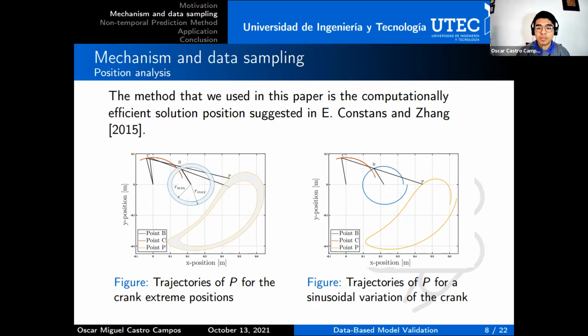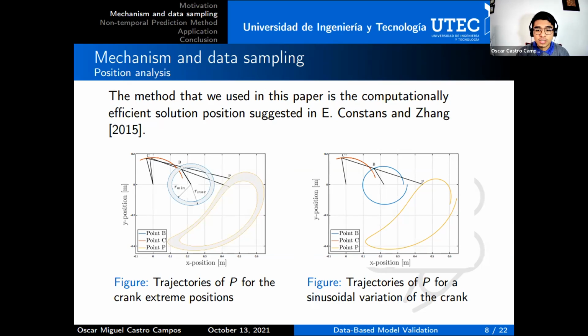There are different methods that we use. We didn't discuss velocity and acceleration analysis in this paper, but both could be obtained simply by applying finite difference to the position analysis.